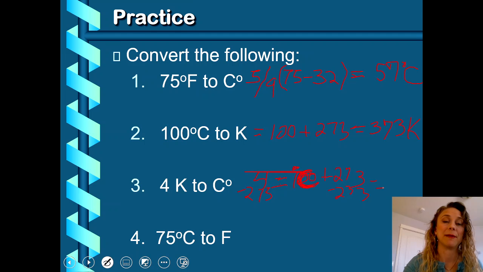When you take 4 minus 273, you're going to get a really low number, because 4 Kelvin is really close to absolute 0. Can you see that? 269 is what you should get. My first time using this pen. All right. Let's try Celsius to Fahrenheit, okay?